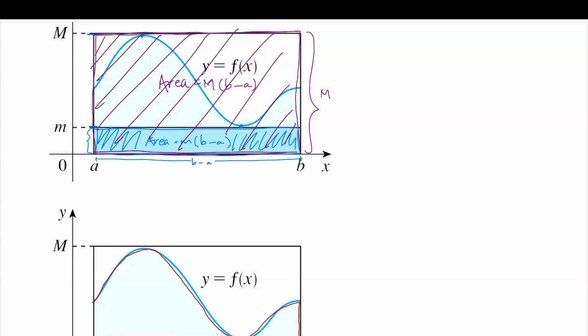The actual amount of area under f from a to b is given by that integral. And again, when we say the area under f, we mean the area between f and the horizontal axis. So all of this area underneath f is the integral of f of x dx from a to b.